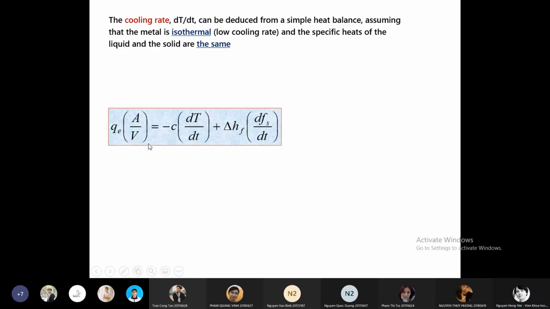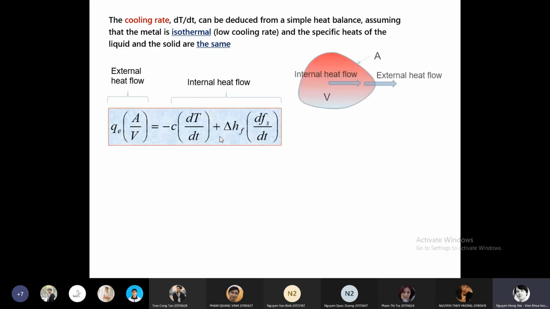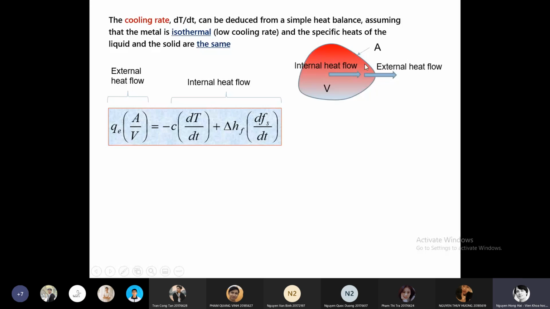Here the left hand side term is the external heat flow, and the right hand side we have the internal heat flow, and they are equal. If we have the object solidifying, we have the internal heat flow from the inside to the surface, and external heat flow from the surface to the environment.